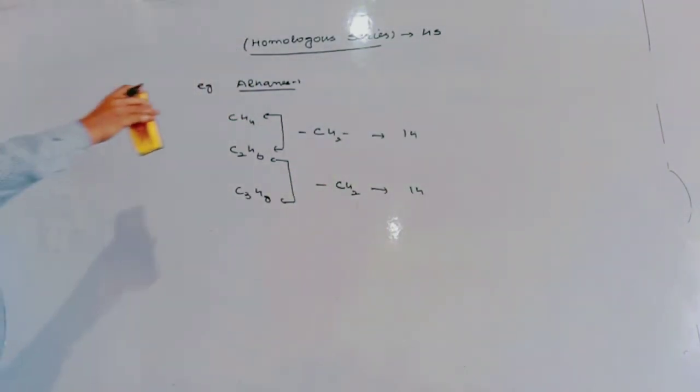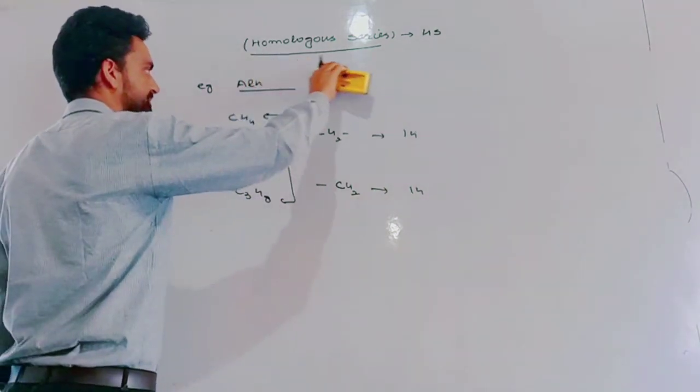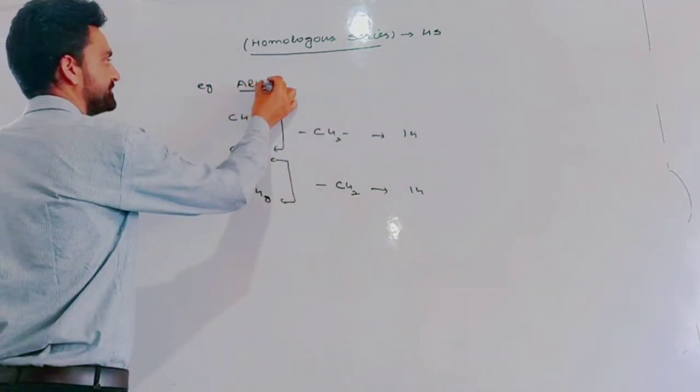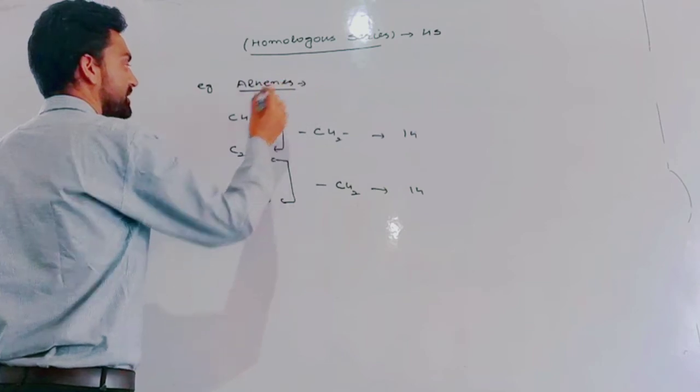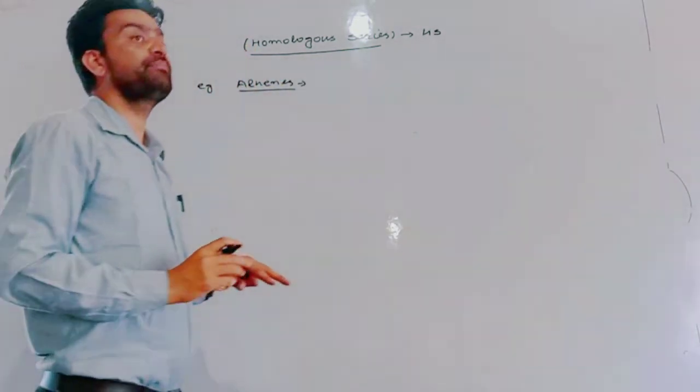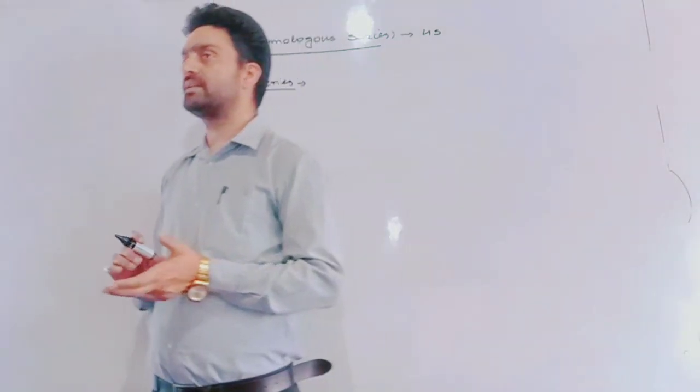Next we will take the example of alkenes. What is the first member of alkene family? How many carbon atoms may be present? Minimum 2. Clear? And the compound is C2H4.